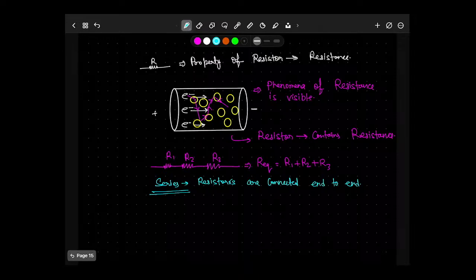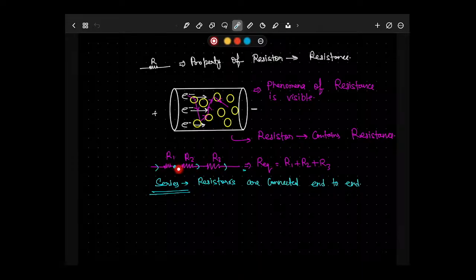We will see if the current in all the resistors is the same, irrespective of the voltages across them. The current has to be the same, because the current wouldn't have any alternative. Then we will call it a series resistance.